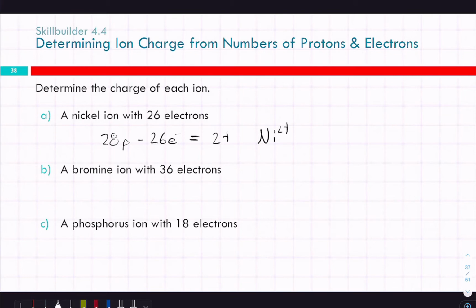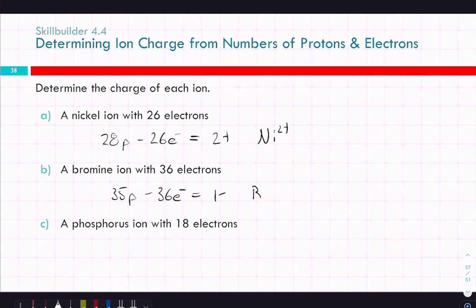And then a bromine ion with 36 electrons. How many protons does bromine have? 35. Yeah, bromine is Br. So 35 protons minus 36 electrons means that we have a 1- charge.